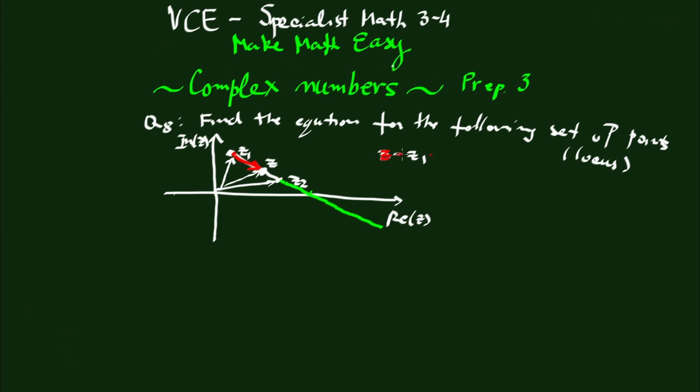So that's our first vector. What would then be the other vector? Let's change the color to green. What would be z minus z2? According to our diagrams at the beginning, it goes from z2 pointing to z, so that will be this vector here.